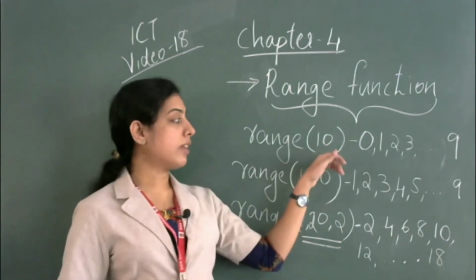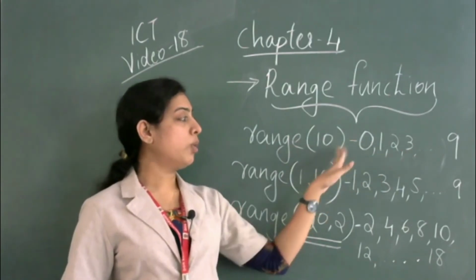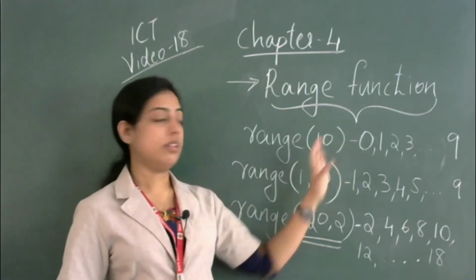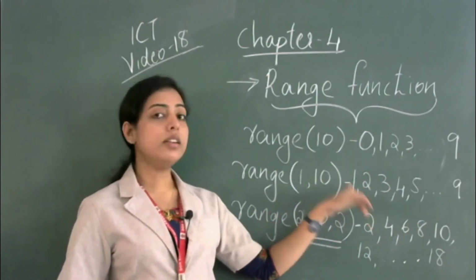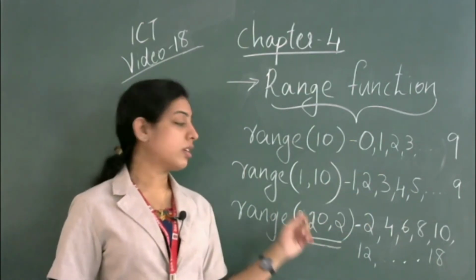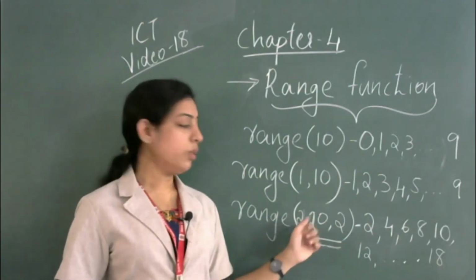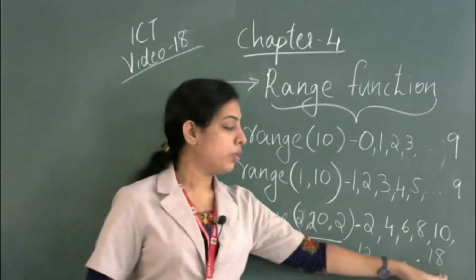Okay. If it is like this, with no start value and end value, it starts from 0 up to 10. Here, if the start value is specified, start at 1. The increment will be 1 itself. If there are three values, the first value is the start value, the second, middle value is the less than condition, up to 18.